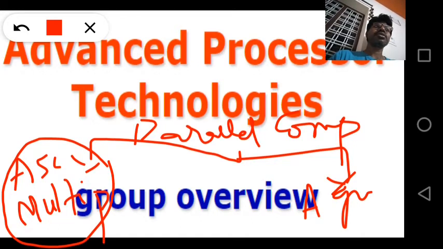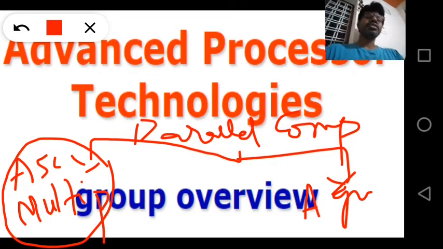and the processor which has pipelining technology. If you have a uniprocessor system and want to achieve parallel computing, still it is possible. It's not that to implement parallel computing I require multiple processors. It is not required.